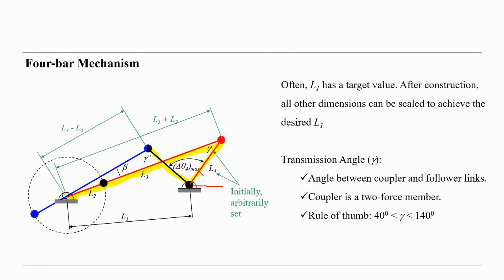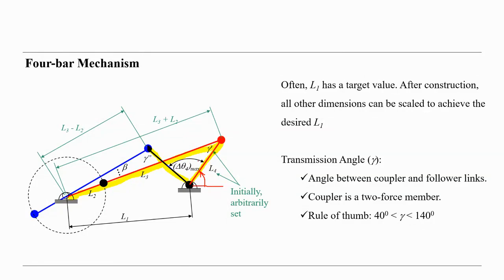For this position, we select arbitrarily the angle theta 4, and this is the initial position, which is one of the limiting positions, the red one, where L2 and L3 are in line.